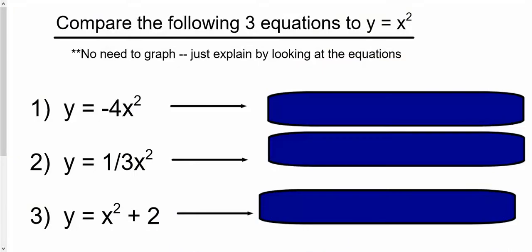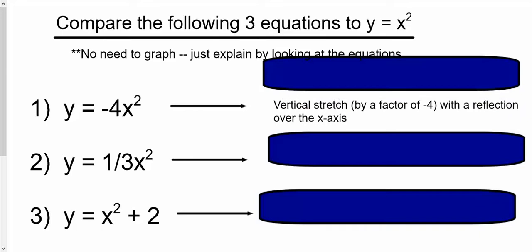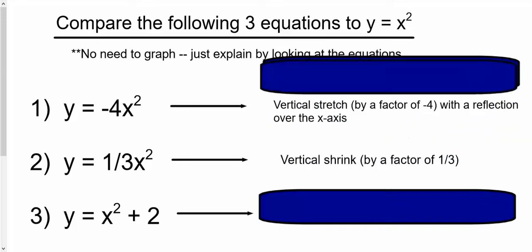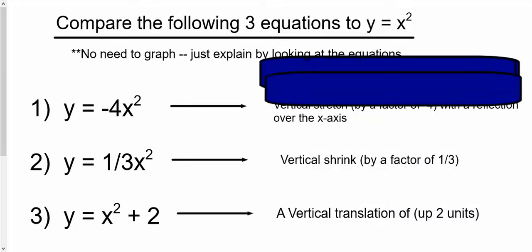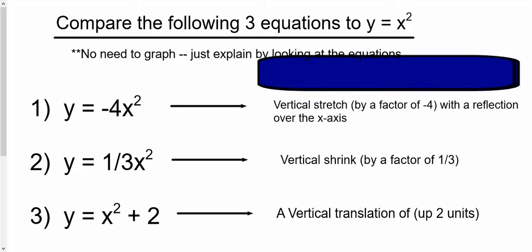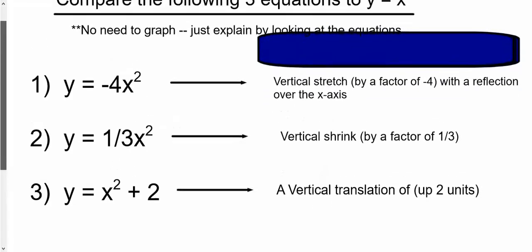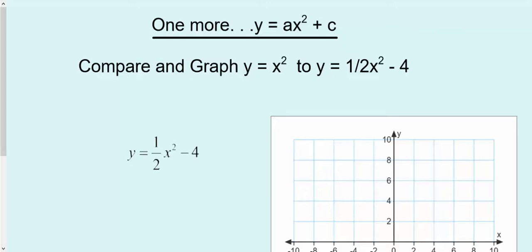You can do all kinds of these. The -4 is going to be a reflection with a vertical stretch. The 1/3 is going to be a vertical shrink. The plus 2 is going to be a vertical translation up 2 units. And like I said, you could do these for days.